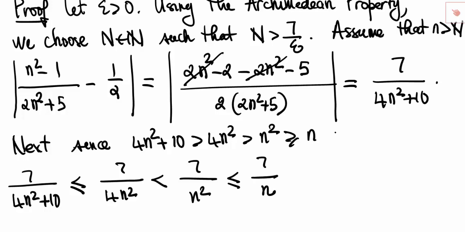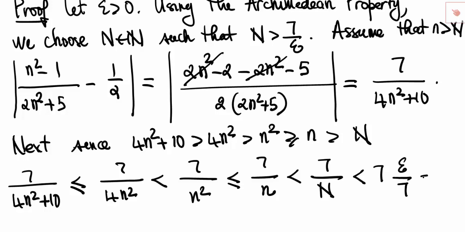Now notice that n is bigger than capital N, right? So this will be less than 7 over N, which is then less than 7 times epsilon over 7, which is epsilon.